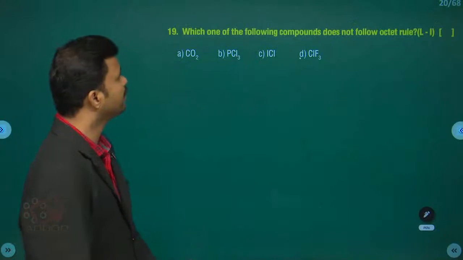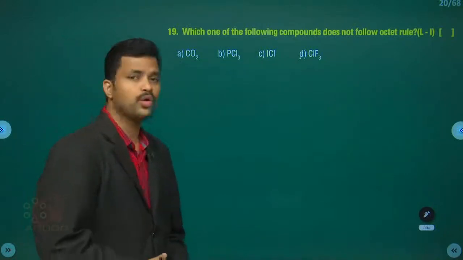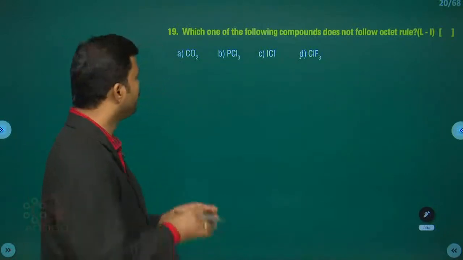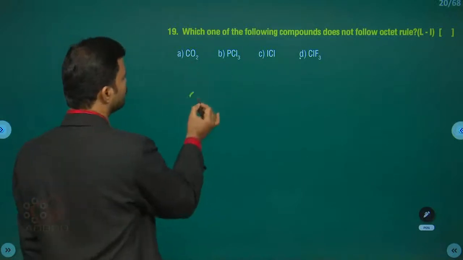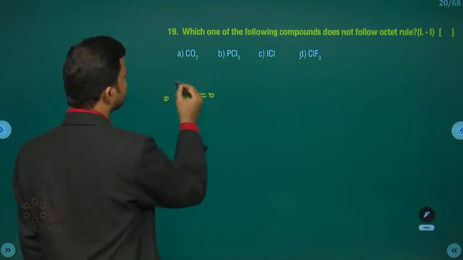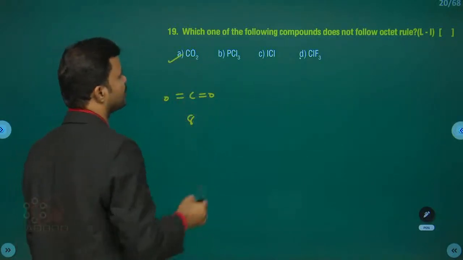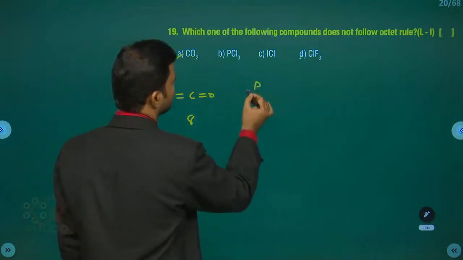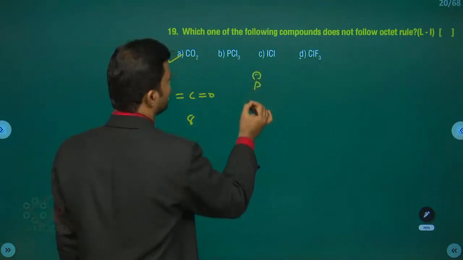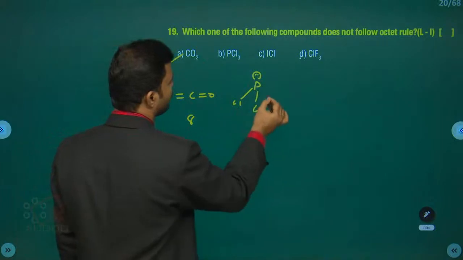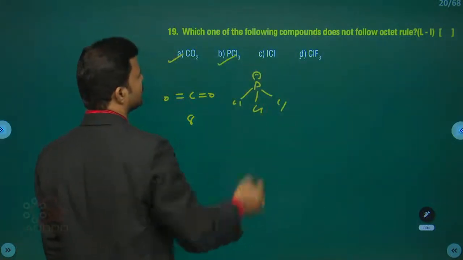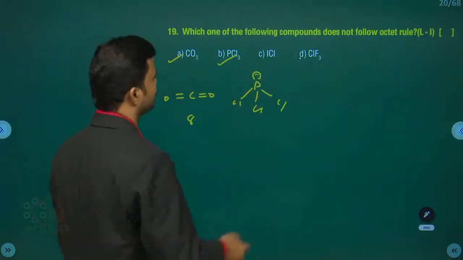Which one of the following compounds does not follow the octet rule? CO2 molecule is octet, carbon having 8 electrons. PCl3, again phosphorus having 1 lone pair and 3 chlorine atoms, it is also octet.